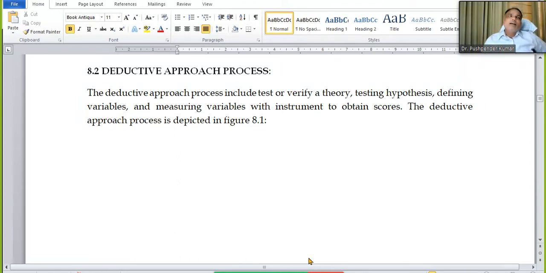Besides testing hypotheses, the researcher might have discussed defining variables, measuring variables, and using different instruments to obtain the score. So this is called the deductive approach.